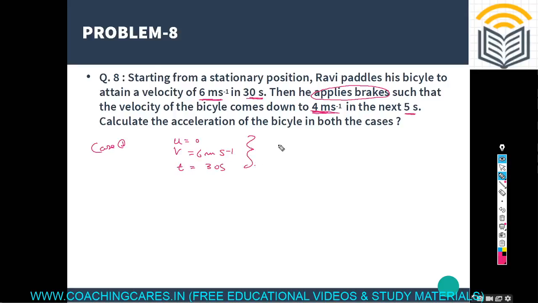So by this we can calculate the acceleration, which is equal to v minus u divided by t, which is 6 minus 0 divided by 30. So this will be 0.2 meter per second square. This is the acceleration in case 1. Let us take case 2.